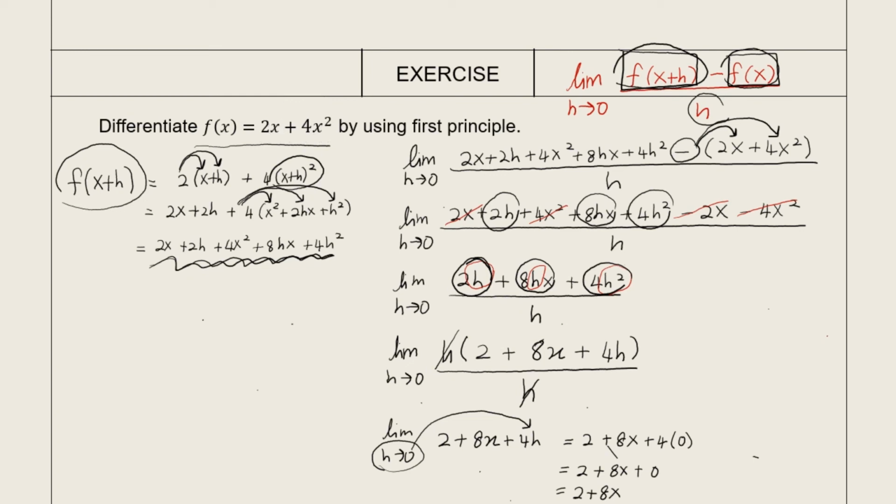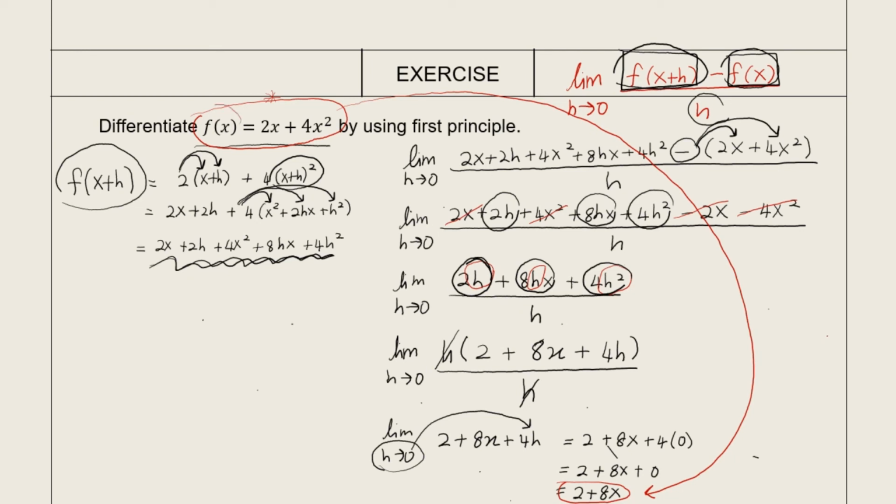So what is actually 2 plus 8x? 2 plus 8x here, class, is actually the differentiation of a function f(x) equal to 2x plus 4x squared. It means that whenever you are differentiating this function 2x plus 4x squared, you will get 2 plus 8x. This one we call the differentiation.